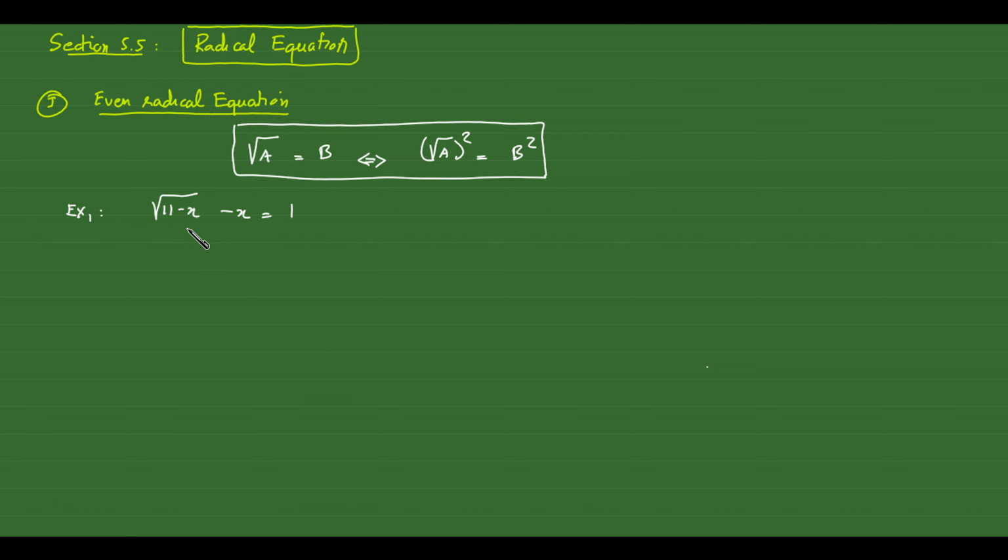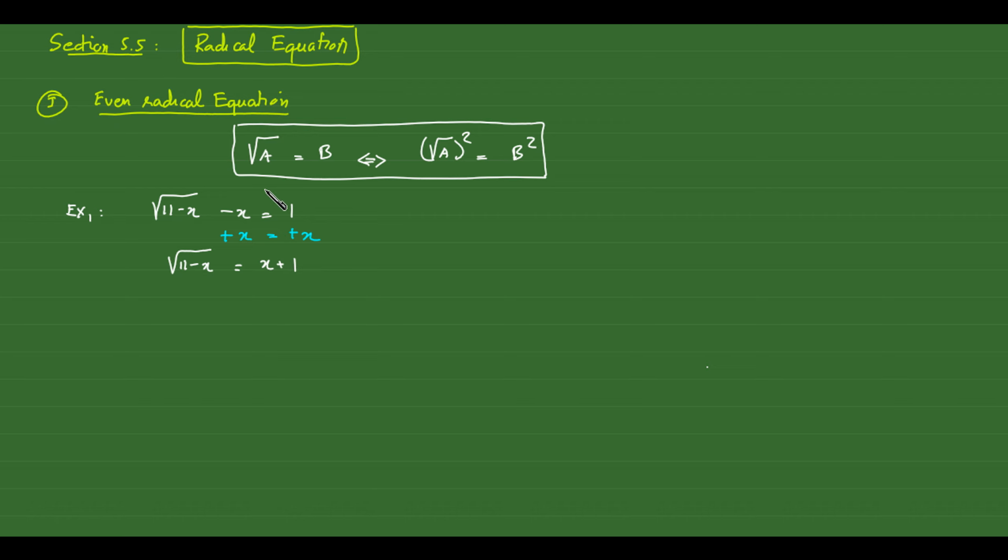However, if we look at our example here, after the radical, we get stuck with the negative x. So we have to get rid of the negative x. In order to get rid of the negative x, you add x to both sides. When you add x to both sides, my equation becomes the square root of 11 minus x equals x plus 1.